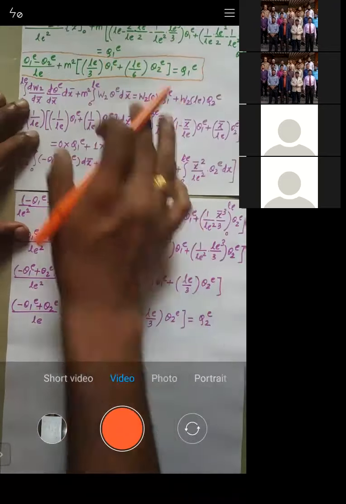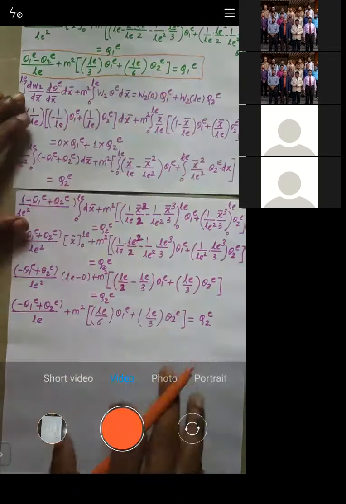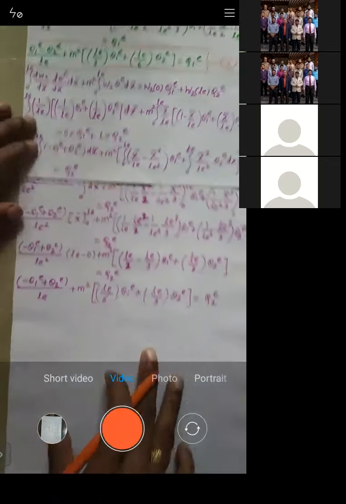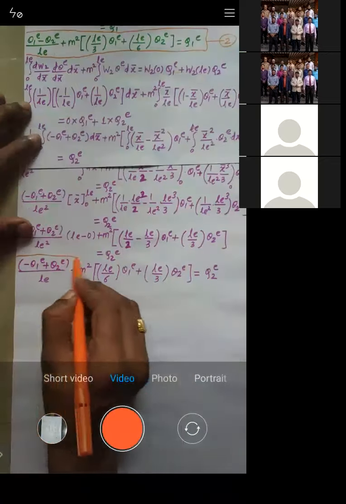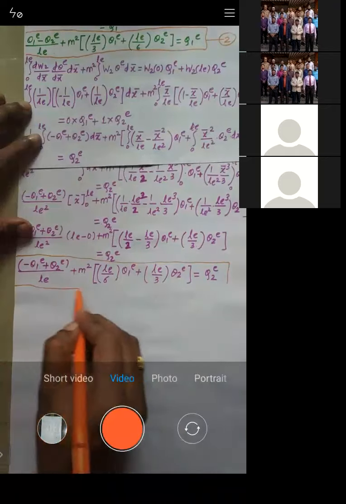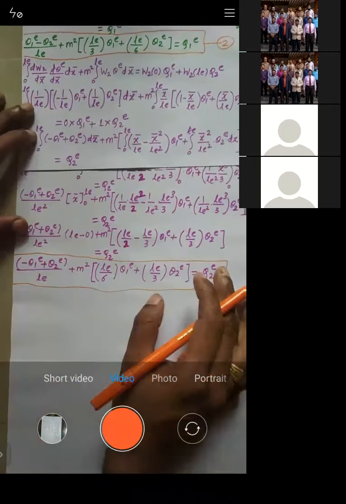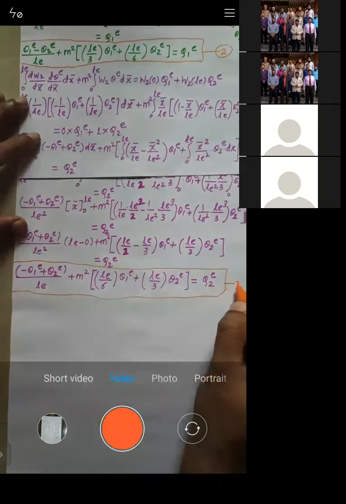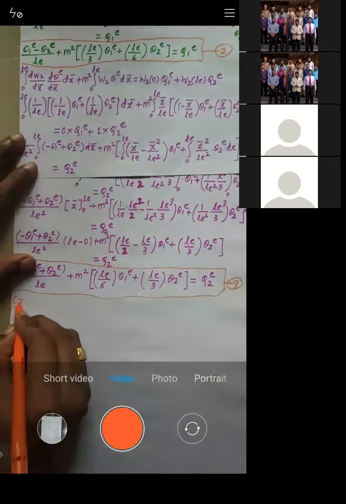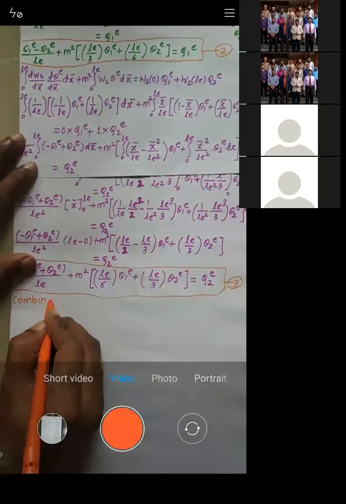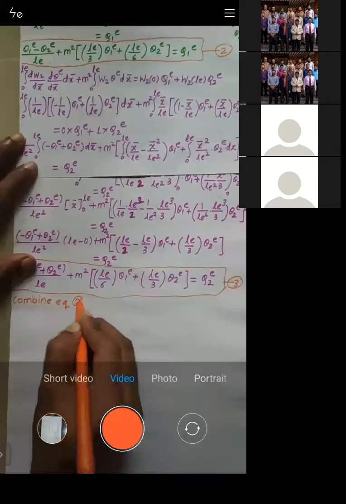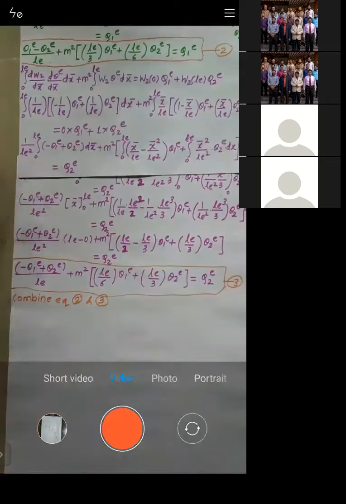Let's compare this equation. Let us call this equation number 2, and let's see this other equation. Now combine equations 2 and 3. So what we'll get?